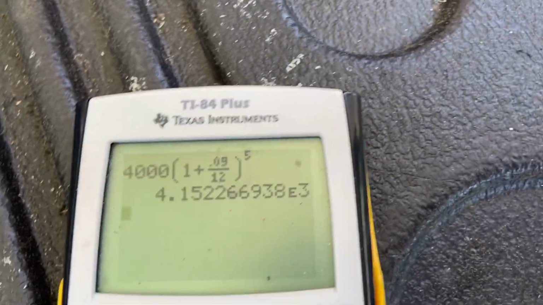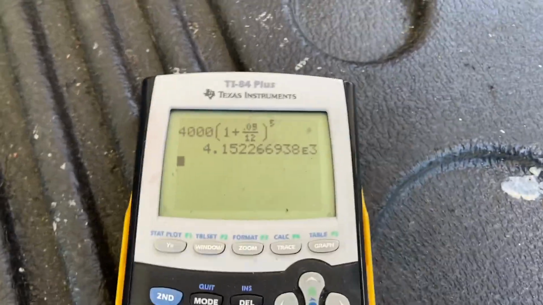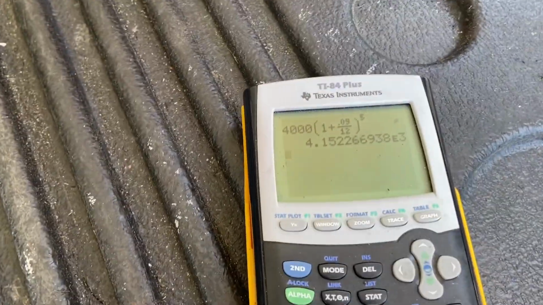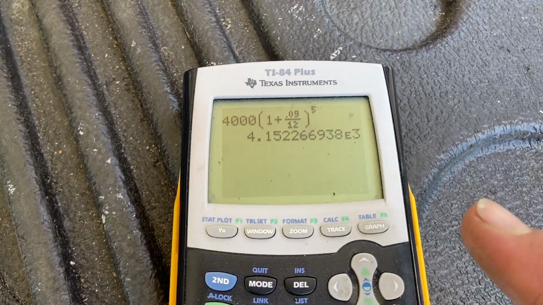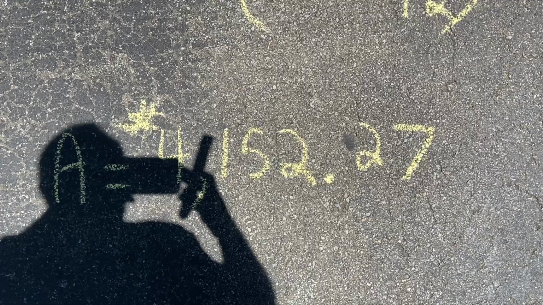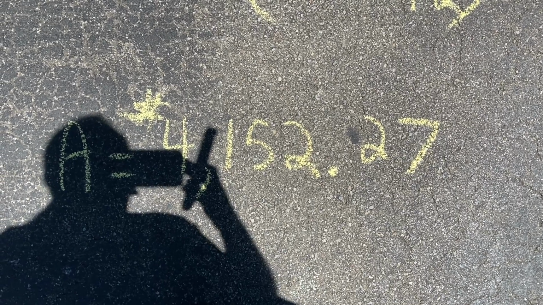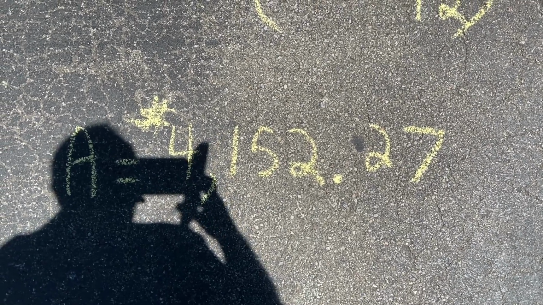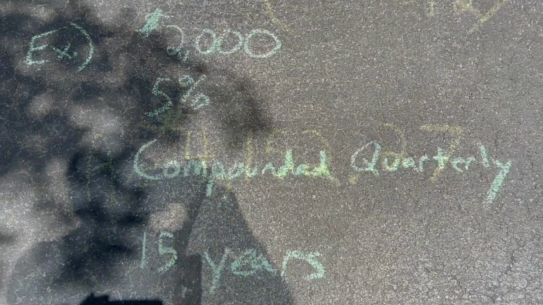We did, because it came up in sequences and series when we were doing stuff with geometric. All right, so that means move the decimal point over 3 places to the right, and then round to the nearest penny. So your final answer here should be $4,152.27.